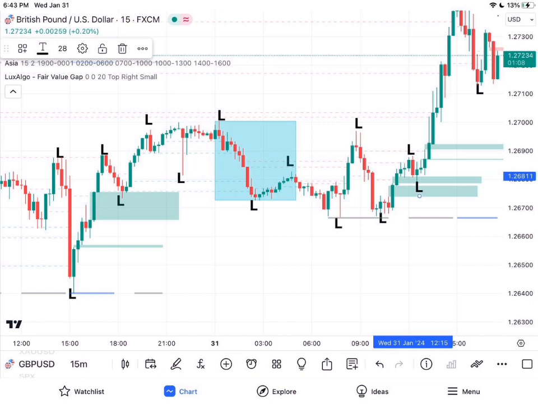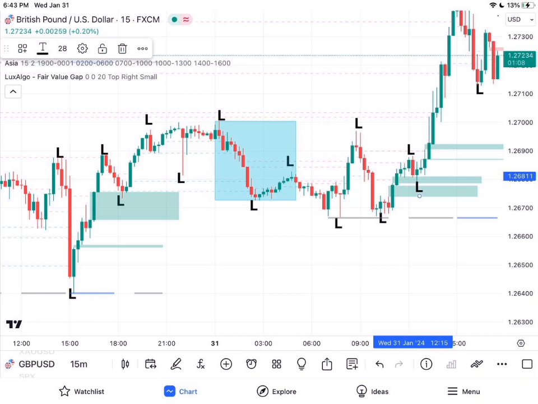What happens during these times is that, take for example, the London session wants to open. It has to do something. In some cases, it goes and takes out the buy side or sell side liquidity of the Asian session, or the New York session takes out the buy side and sell side liquidity of the London session. So that is how it goes.